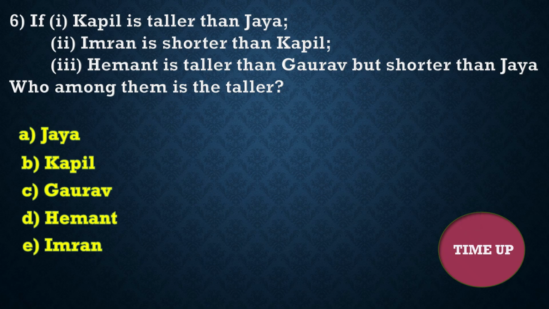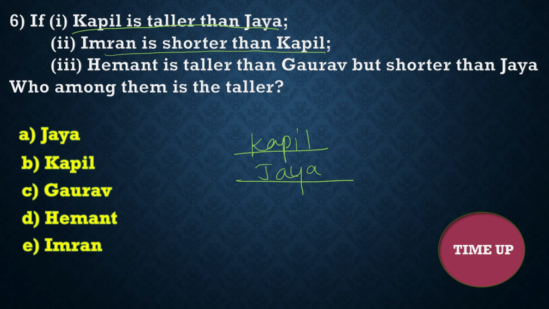Time up. Let's solve this. Kapil is taller than Jaya. Imran is shorter than Kapil. Hemant is taller than Gaurav but shorter than Jaya.